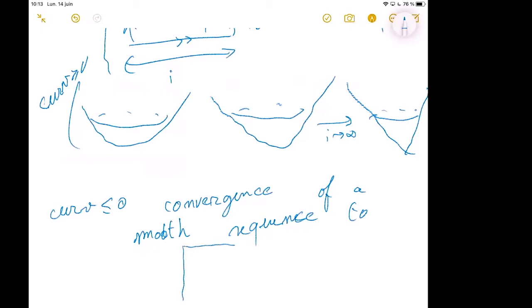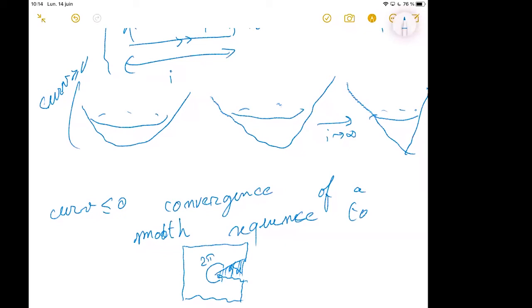Imagine a piece of paper and you cut it like here, and you add some angular sector here. So here I have 2 pi, and here I add an angle alpha. So that will be a conical singularity of angle 2 pi plus alpha. And you can have a smooth sequence of metrics with negative curvature, which approximate, in the Gromov Hausdorff sense, this kind of singularity.